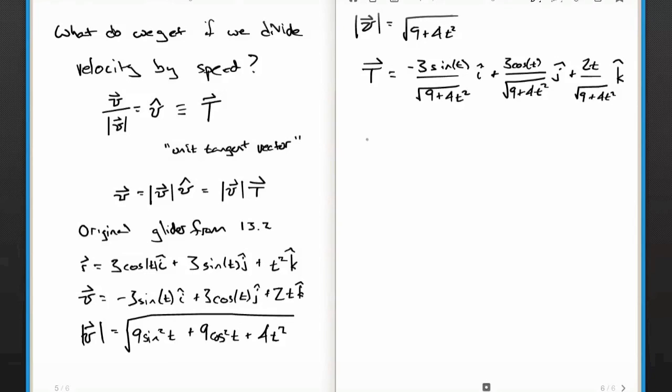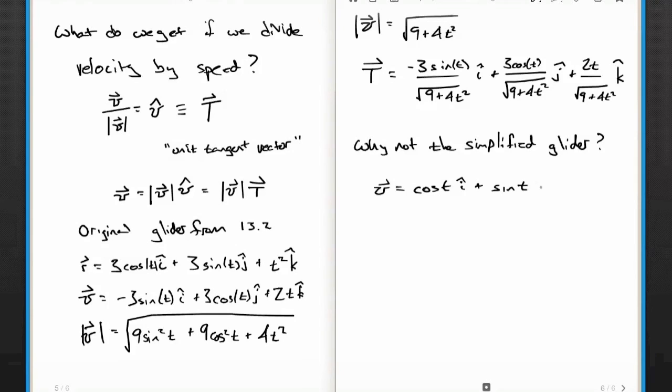So you might ask, or I will ask, why didn't I use the simplified version? Why didn't I use that? How about a glider flying in a circle, and I said that v equals, say, cosine t i plus sine t j? Why would I not use this one? Well, let's take a look at the magnitude of this one.